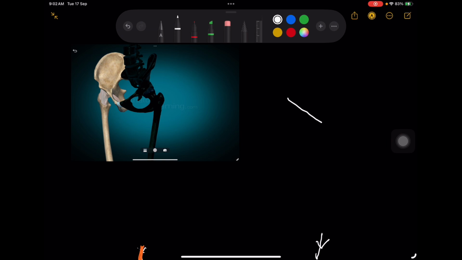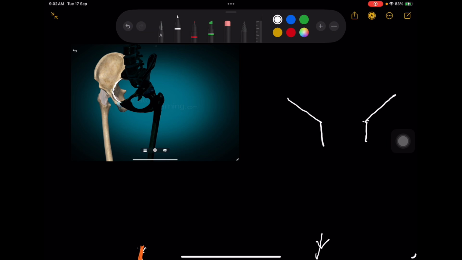The basin has a false pelvis, which is less oblique, and a true pelvis, which is more oblique, and it is separated by the pelvic rim. Now, in this diagram, here is the pelvic rim.